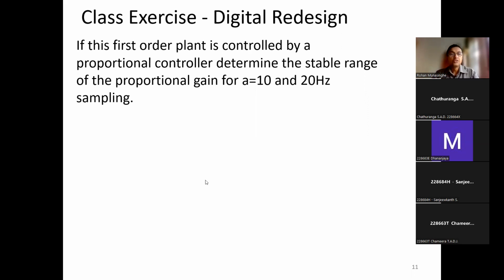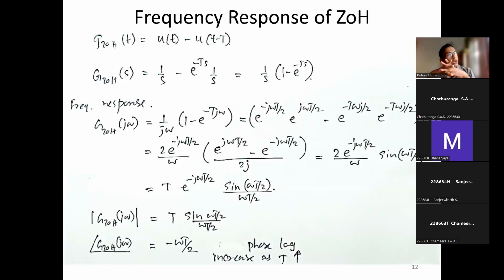Okay. So then let's move on. I think you have some experience now. At least you can do a couple of things. One, after these exercises I did with you today, I safely assume that you can derive the discrete time plant model for a zero order hold continuous time plant, right?